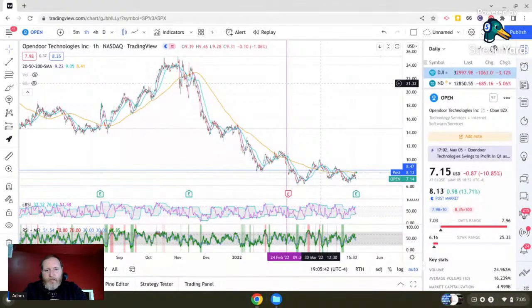Now, Open Door, the reason their shares gapped up in the after hours is that the real estate platform's Q1 earnings reflected a substantial boost to profitability. And it's expecting Q2 adjusted EBITDA of $170 million to 190 million.